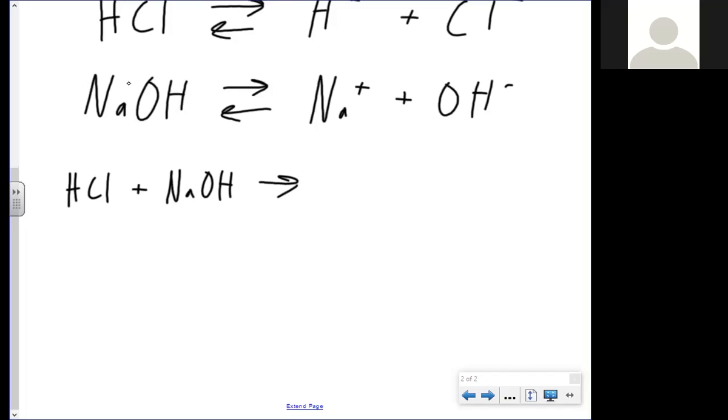So the hydrogen is going to come over here and replace the Na. The Na is going to come over here and replace the hydrogen. So we end up with NaCl, which is sodium chloride, which is table salt, and HOH. What's another way I can write HOH? Flip it around. H2O. Very good. Anytime you have a neutralization reaction, you always get an ionic compound, a salt, and water. If you mix an acid and base together, you always get some type of salt and water.